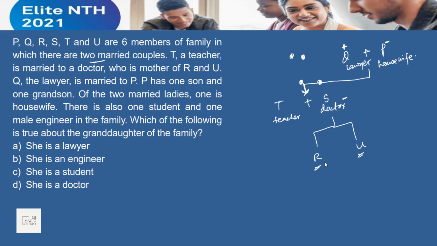So whatever be the gender of R and U, one of them is a student and one of them is an engineer, and the engineer is male. Which of the following is true about the granddaughter? One of them is the granddaughter. If the engineer is male, then the granddaughter should be the student. What is true about the granddaughter of the family? She is a student.